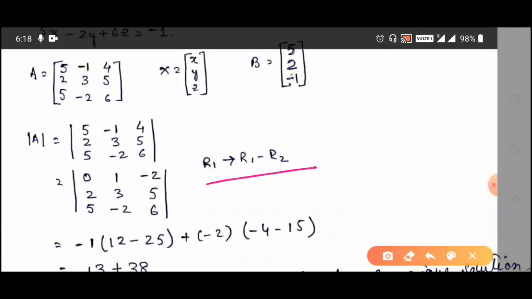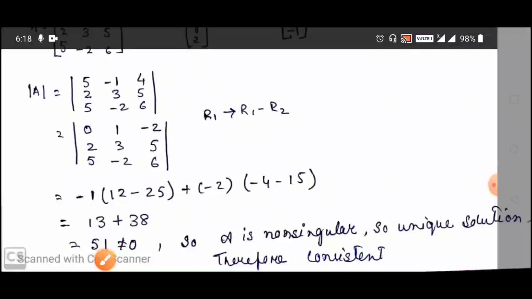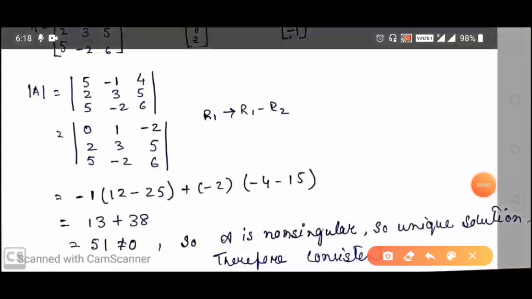Then row 1 will become like this. After that, we have expanded the determinant along row 1. After doing the calculation, we get determinant A is equal to 51, which is not equal to 0. So determinant A not equal to 0 means A is non-singular.